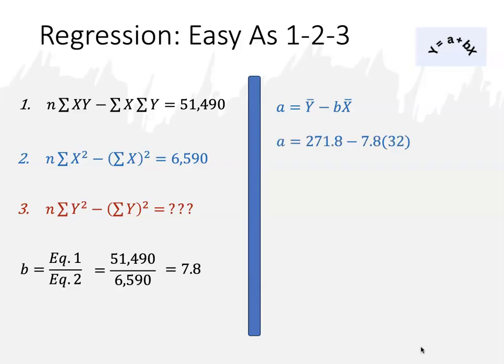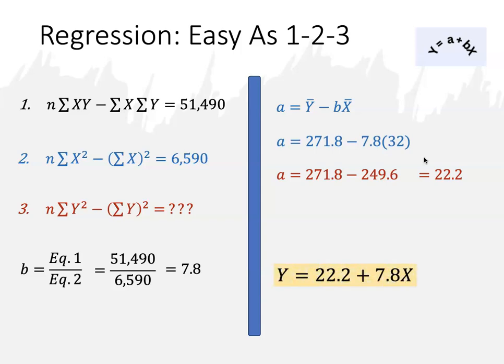So the average for y was 271.8 minus b, 7.8, times the average for x, which is 32. And this works out to be 22.2. So we now have the values of a and b, and we can write our equation. y equals a plus bx, so y is equal to 22.2 plus 7.8 multiplied by x. So sales is equal to 22.2 plus 7.8 multiplied by the value of advertising.